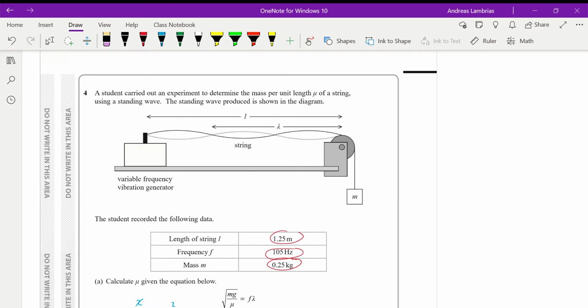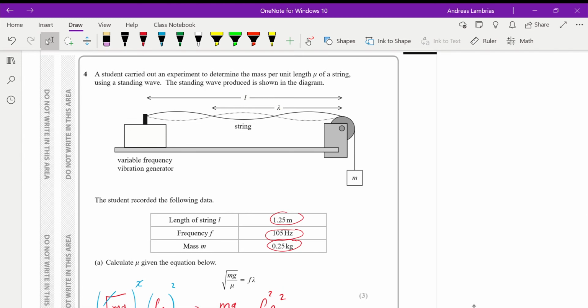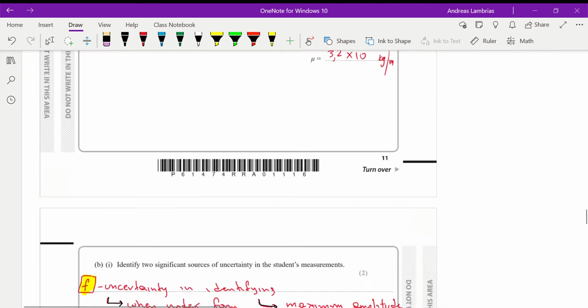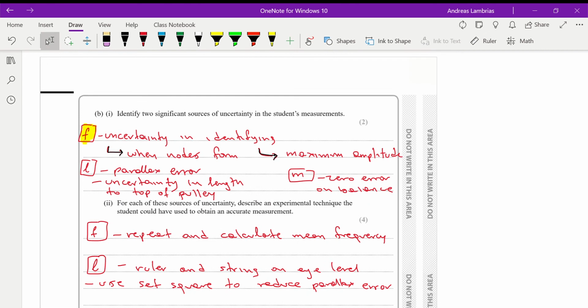It's hard to get exactly the value of frequency that will give us a standing wave, because sometimes it's hard to identify when the nodes are formed. The nodes in a standing wave are the points where there's no vibration, so it's tricky to see at which frequency we get nodes. Similarly, it's hard to see exactly when the wave has the maximum amplitude. So the first is about the frequency: hard to identify when the nodes are formed and when we get the maximum amplitude.